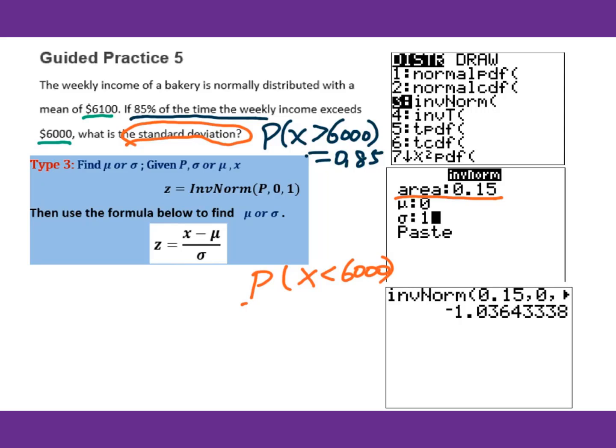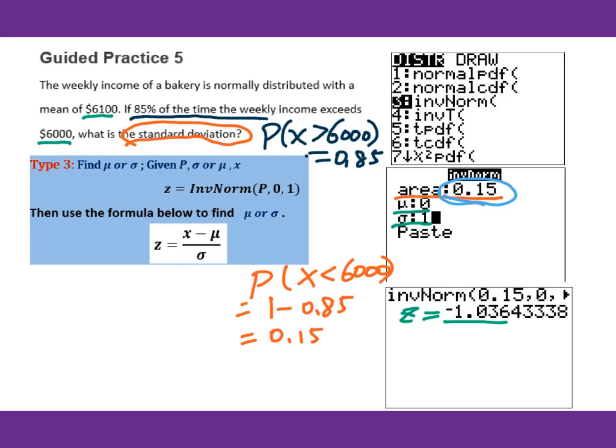Therefore, we do 1 minus 0.85. We got 0.15. That's the reason we put the 0.15 here. For the z-curve, remember the mean is 0. Standard deviation is 1. You will get this value, we call this a z.